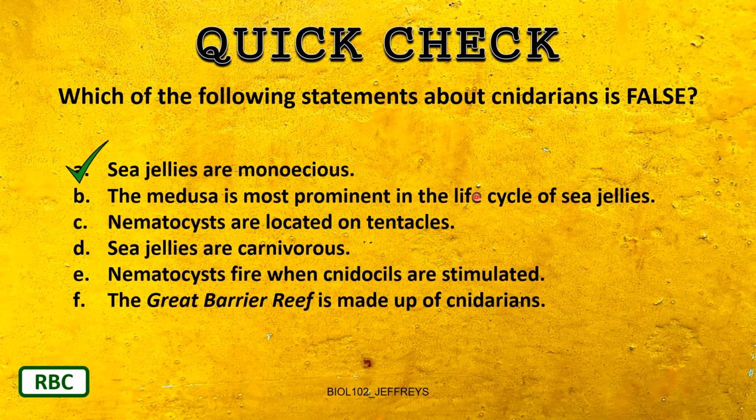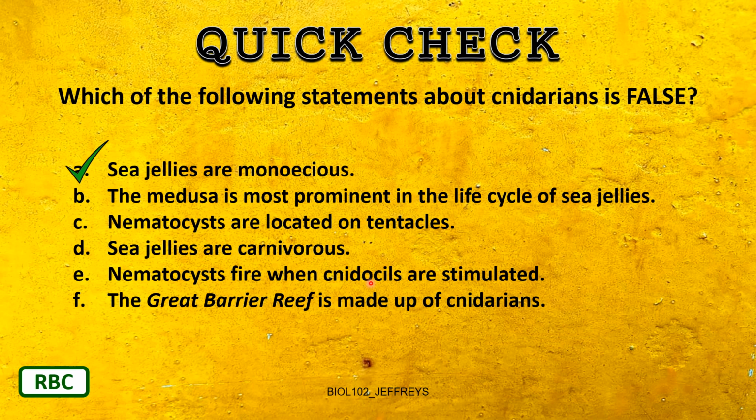Remember, the polyp is just very temporary until it can grow big enough to release new medusas, which are what you know as a jellyfish. Now, nematocysts are located on tentacles. Those are the little stinging, barbed stingers. Sea jellies are carnivorous, of course. All cnidarians are carnivorous. Nematocysts fire when cnidocils are stimulated.